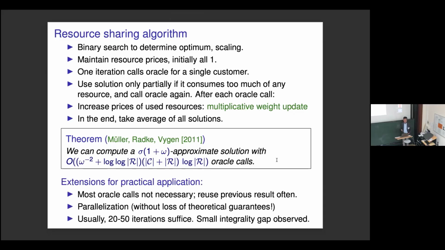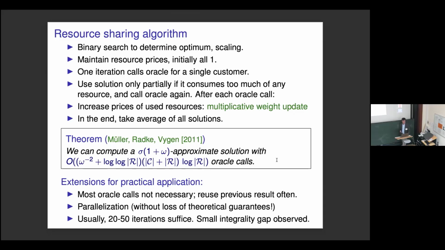And there are some speed-ups that we can get. For example, by parallelization, we can do the oracle calls for the customers in parallel, and we don't lose any theoretical guarantee from this. We can avoid most oracle calls because we see that the previous solution is still good. We can identify this and then avoid the oracle call altogether. 80% of the oracle calls can be avoided by this.